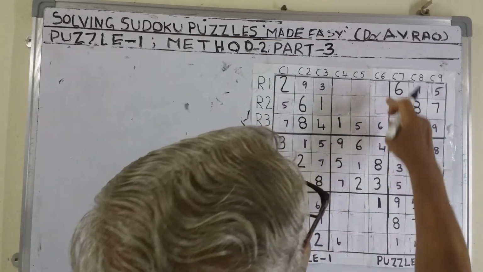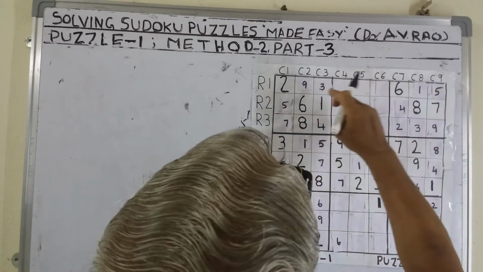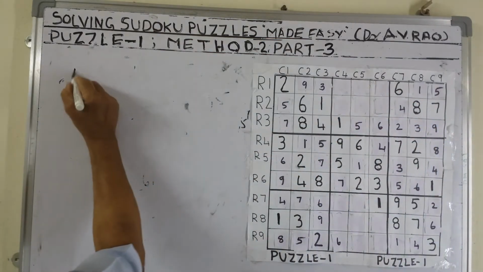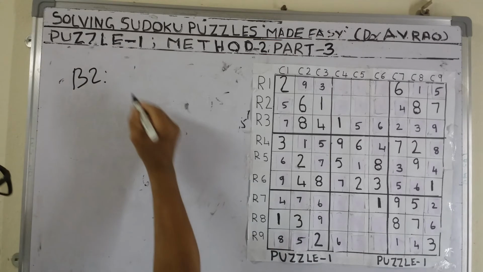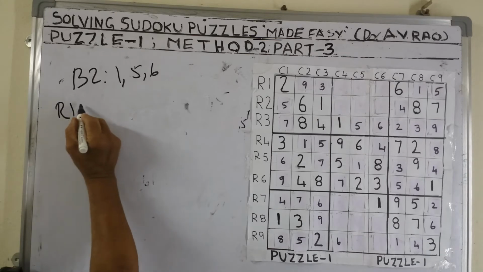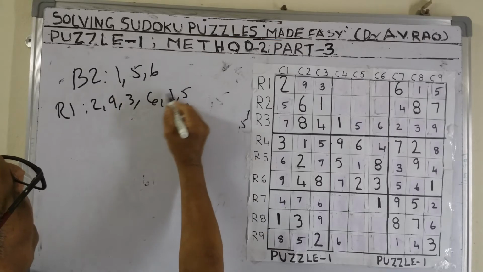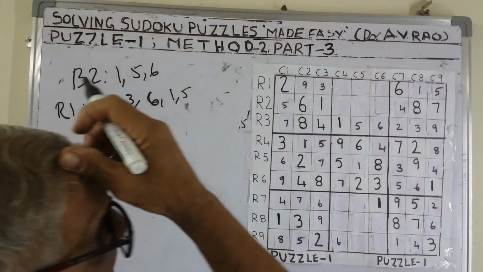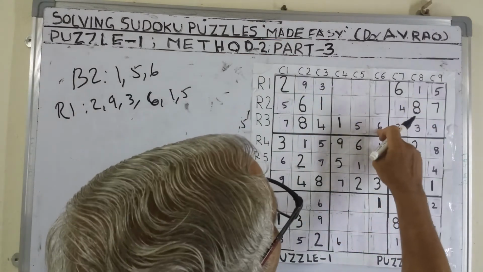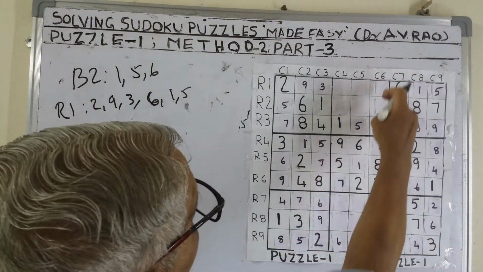Okay. So let us take column C6, and here row R1, box 2. B2 is 1, 5, 6, and R1 is 2, 9, 3, 6, 1, 5. 1, 2, 3, 4, 5, 6, 8.